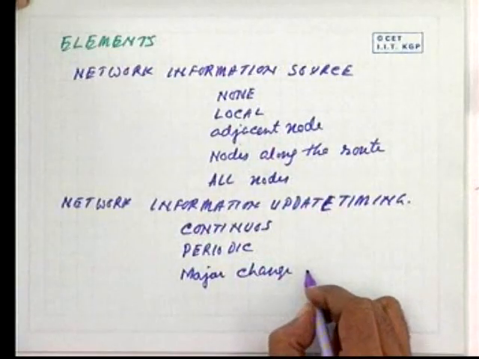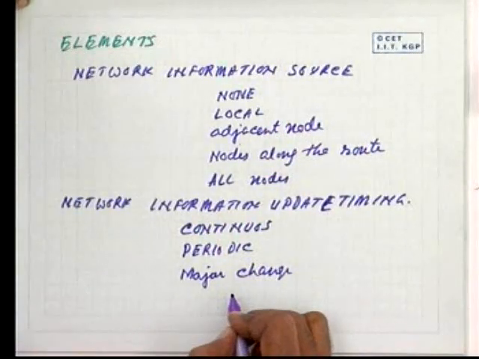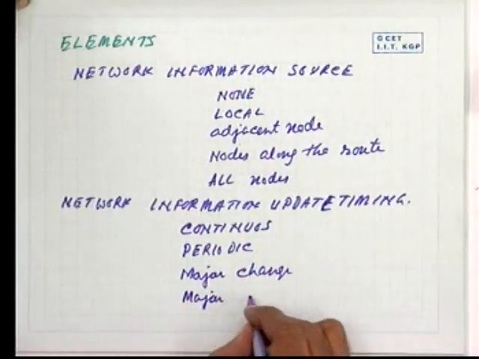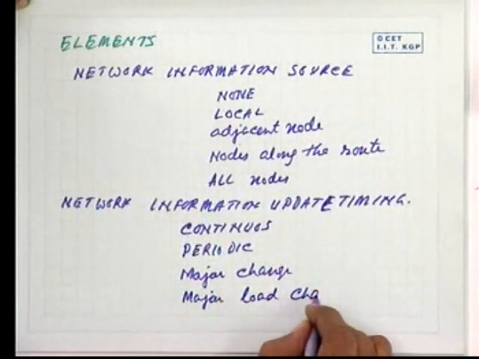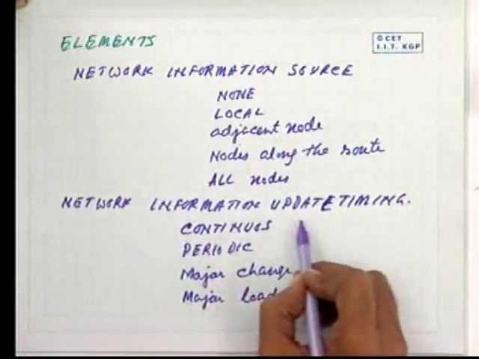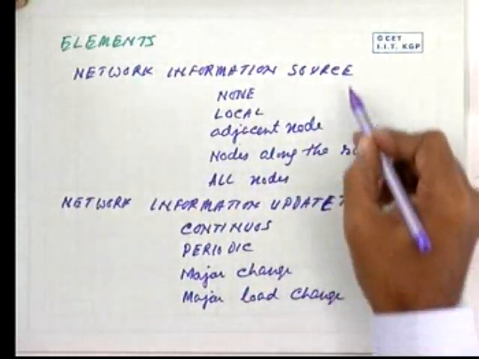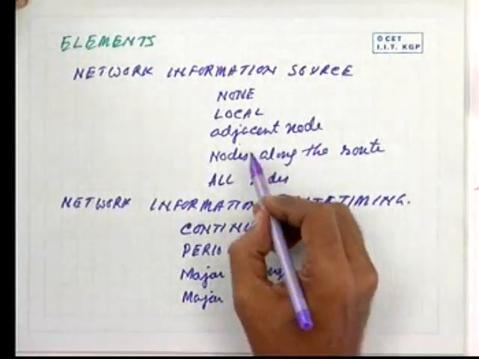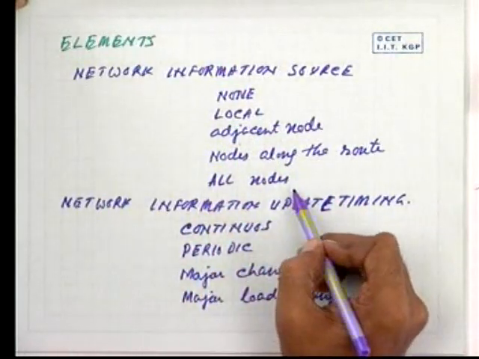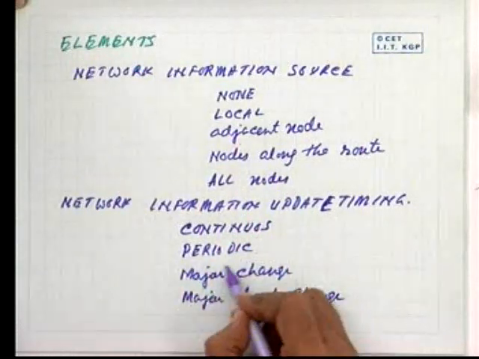Whenever some major change, like change in topology and various other things, or say major load change, suddenly the load is increased, in such situation also there will be need to change the routing. So these two, the network information source and network information update timing, are also interrelated, in the sense that whenever it is local it can be continuous, but when it is more global involving many nodes or all the nodes, it has to be periodic.